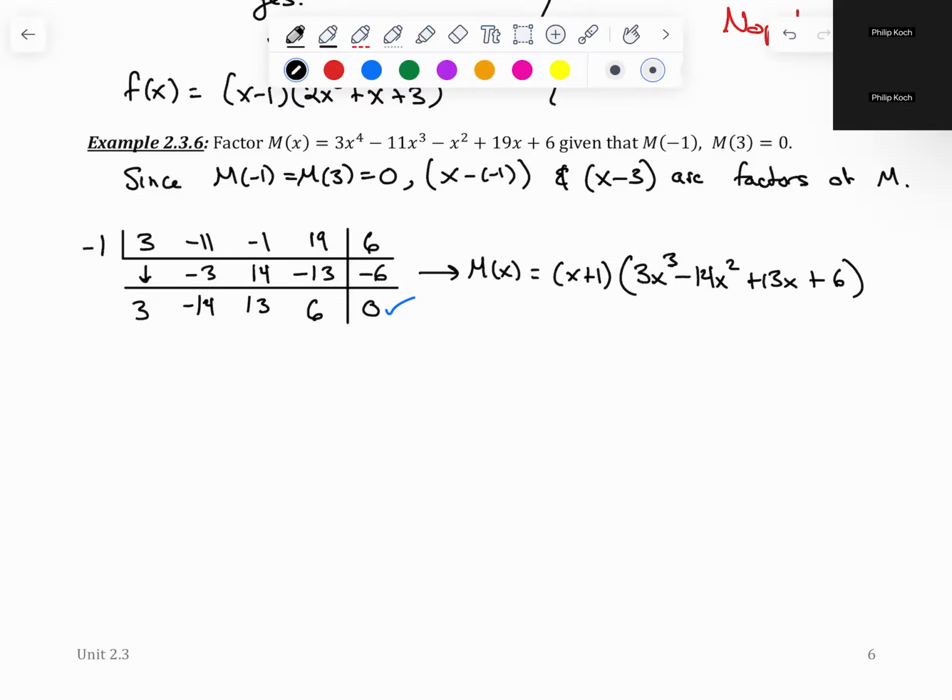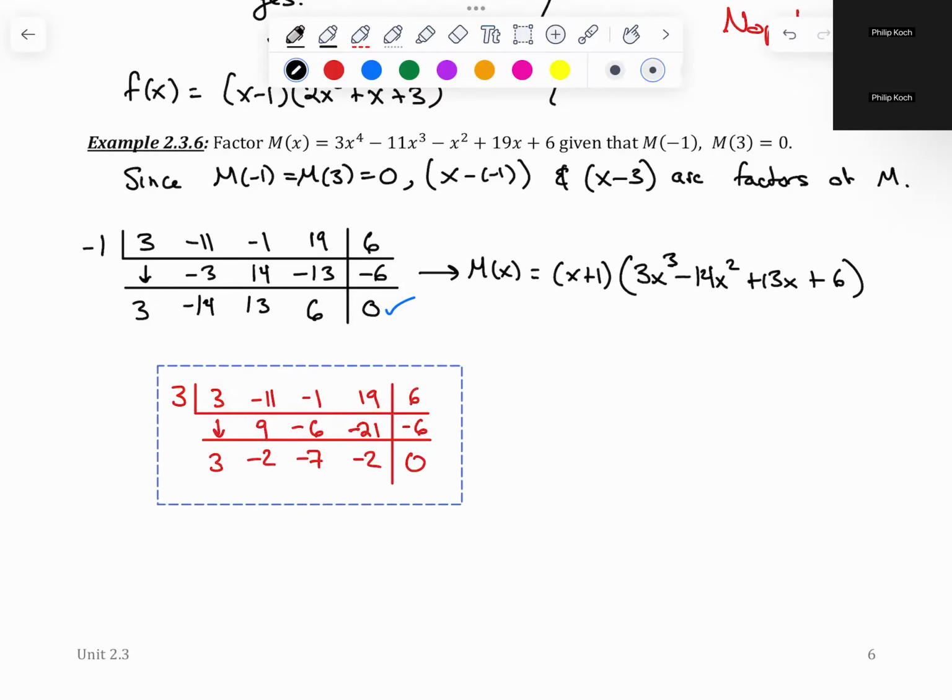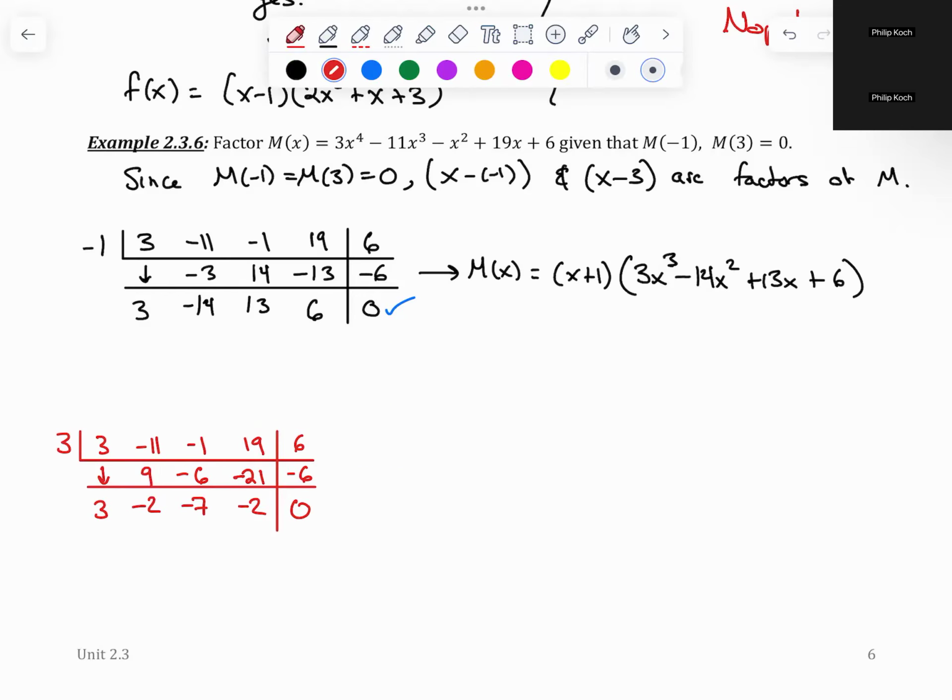However, what a lot of students will mistakenly do now is also do this: m of x equals x minus 3 times 3x cubed minus 2x squared minus 7x minus 2. And they're not going to get anywhere. Because what you've done here, in the black versus the red, is just find two different ways to write m as a product of a binomial and a cubic.